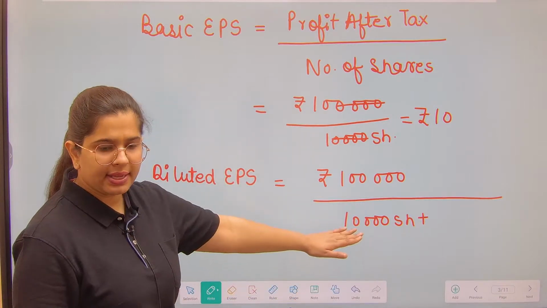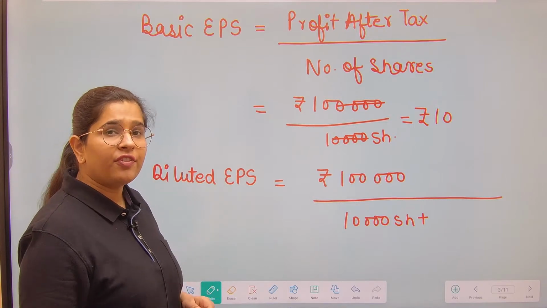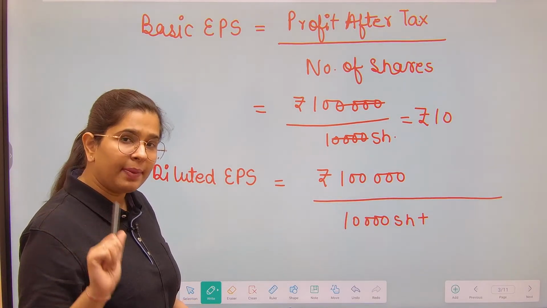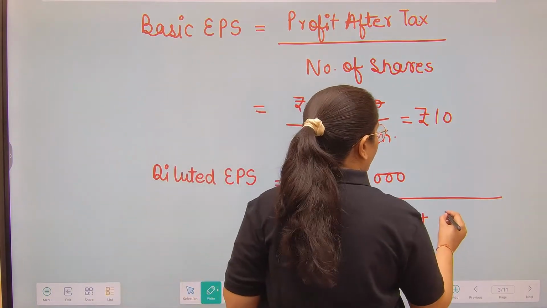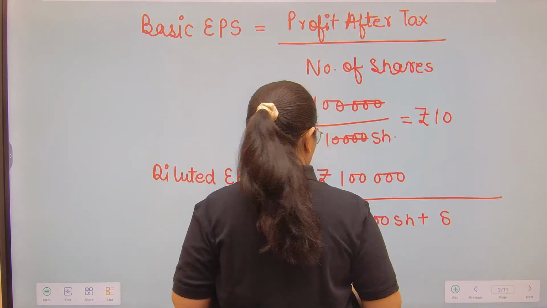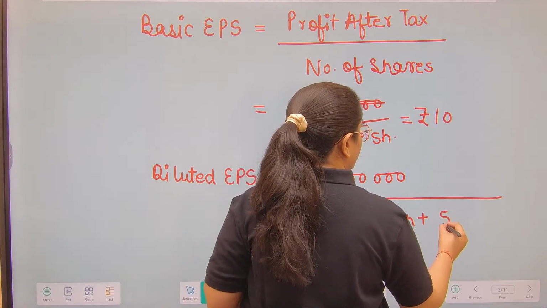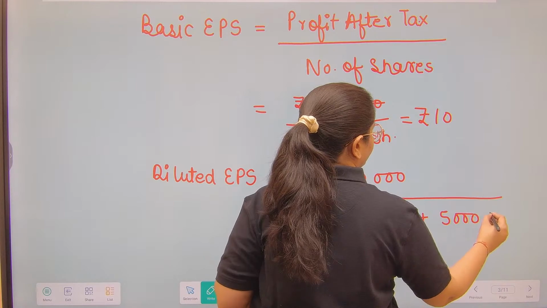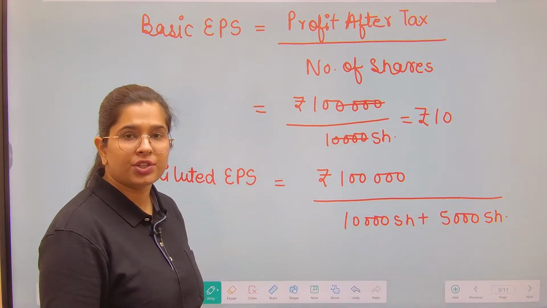These are your existing equity shareholders, and you are estimating that if those debentures are converted into equity shares, then they will account for 5,000 shares.